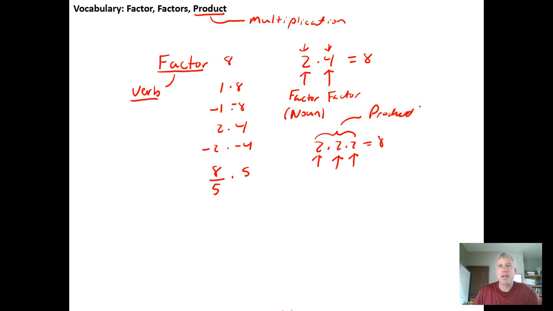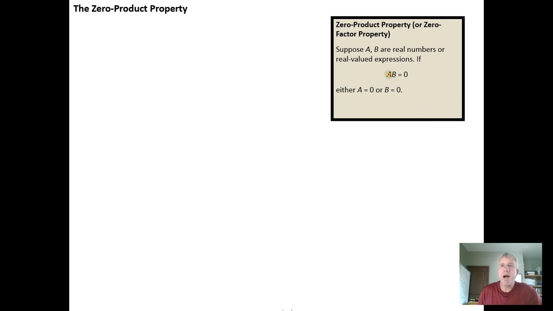So the zero product property is a property that says, hey, if you have a product, zero product property, or zero factor property, if you have a product, in other words, if you have a multiplication, this is a product right here, because it's a multiplication, 2 letters touching means multiply.